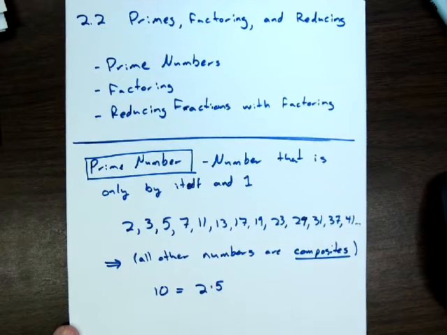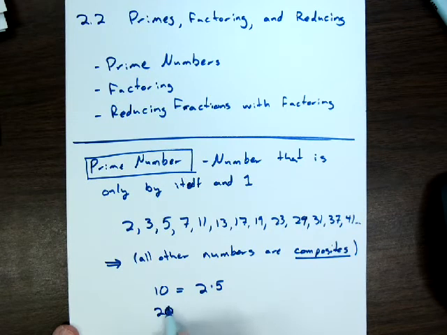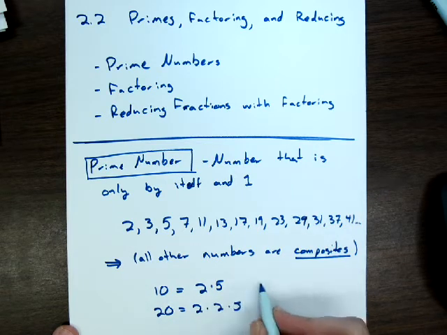Say I had a number like 20. Well, 20, that was 10 times 2, so that's going to be 2 times 2 times 5. So these are composite numbers, and I can write this as a product of primes.